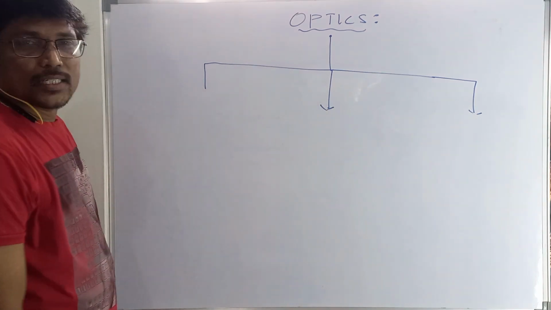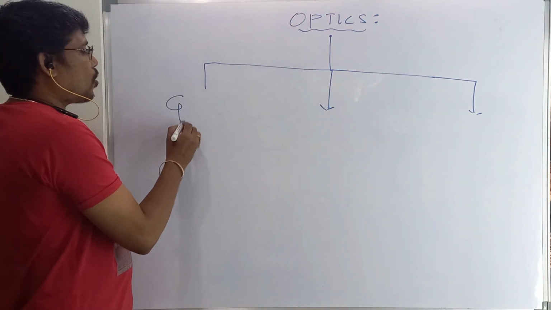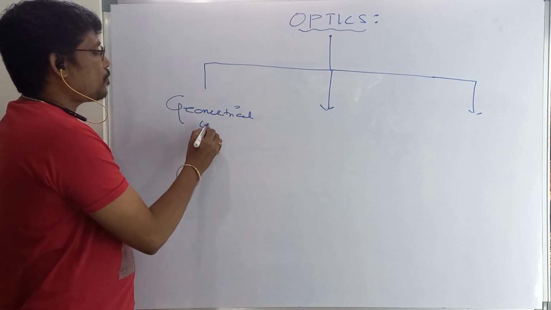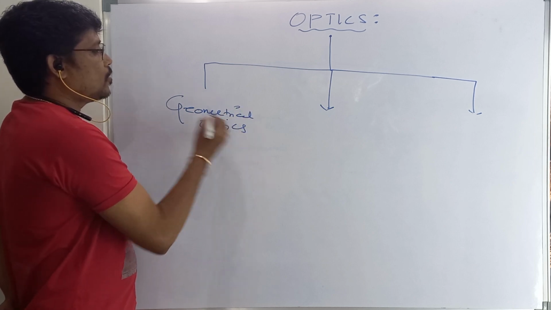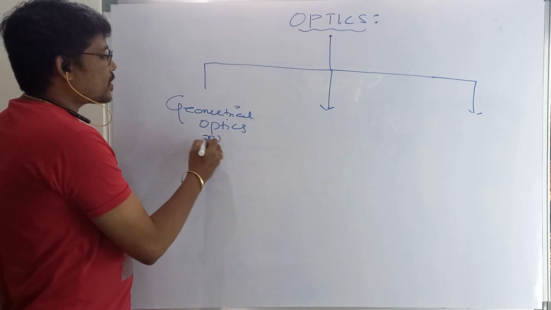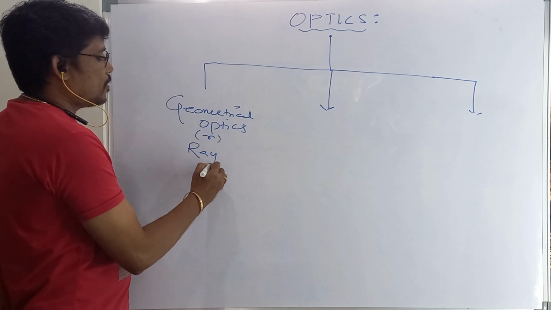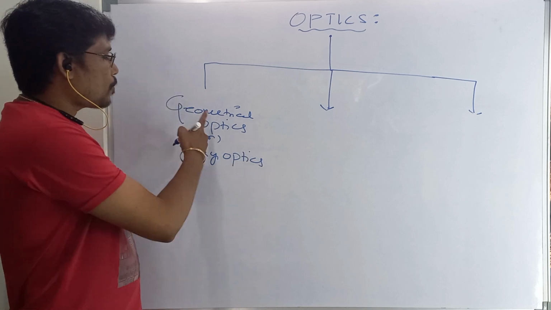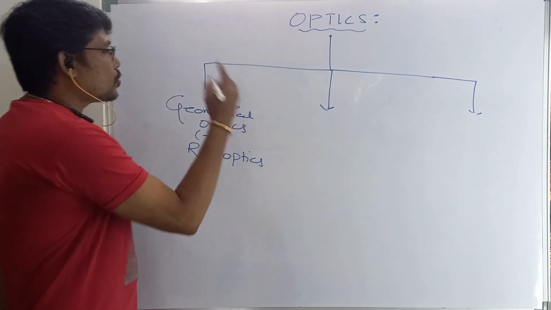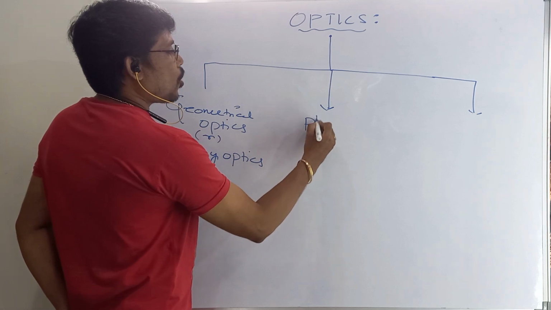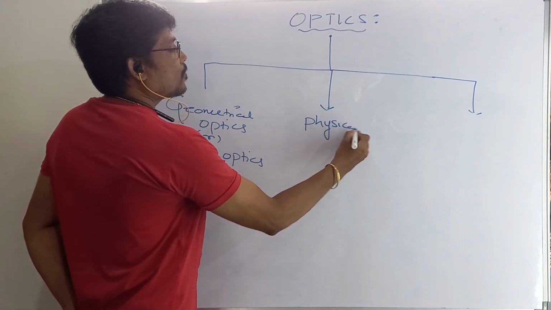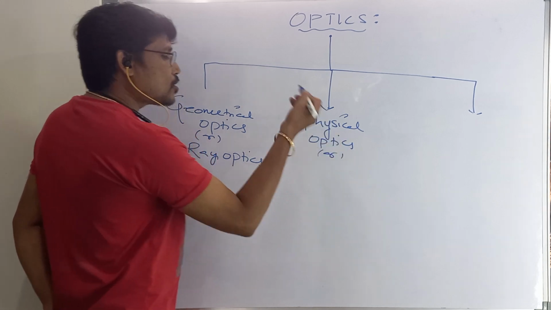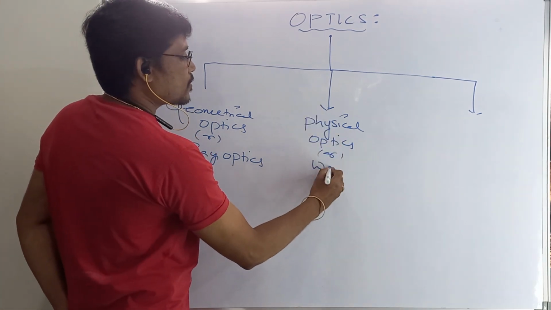The first one is geometrical optics, or you can call it ray optics. The next one is called physical optics, or it is also called wave optics.